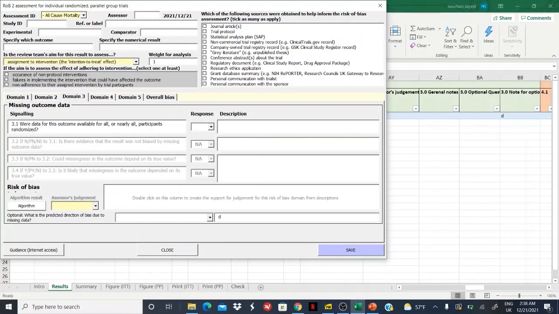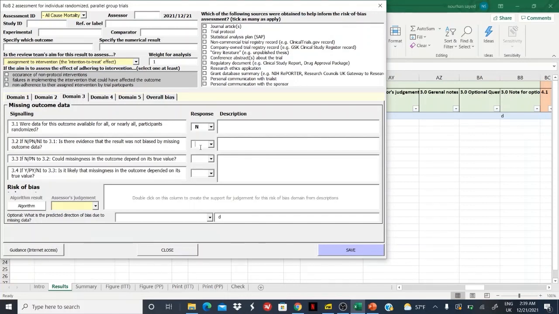So if I typed in no, if there was indeed a fair bit of lost data, I'd have to answer the next question, which is: is there evidence that the result was not biased by missing outcome data? This is usually something that's done by the statistician, whereby they would assume what happened to the missing patients under a range of plausible assumptions, and show you that the results would not have been very different under these assumptions.